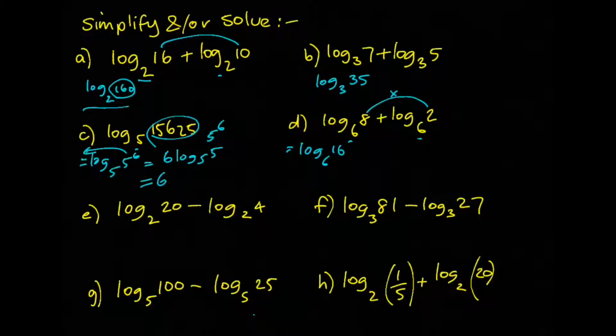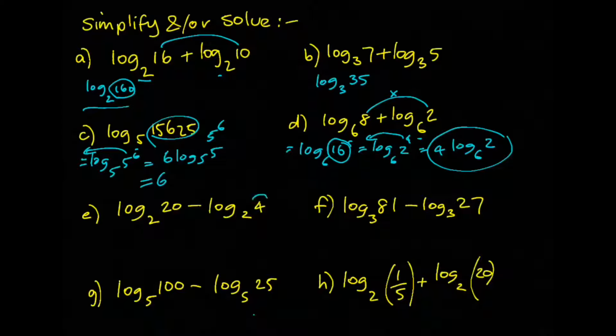And the good news is that 16 can actually be shown as log to the base 6 of 2 to the 4. So now we can bring that 4 at the front, and we've got 4 log to base 6 of 2. So that's fully simplified without going the next step and using your calculator.